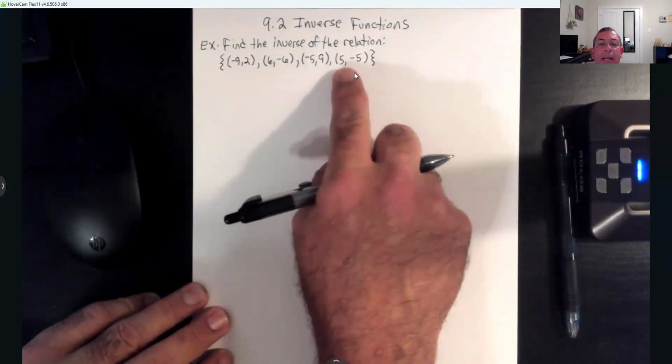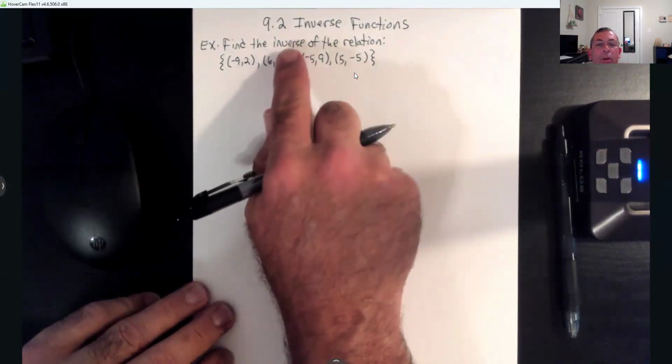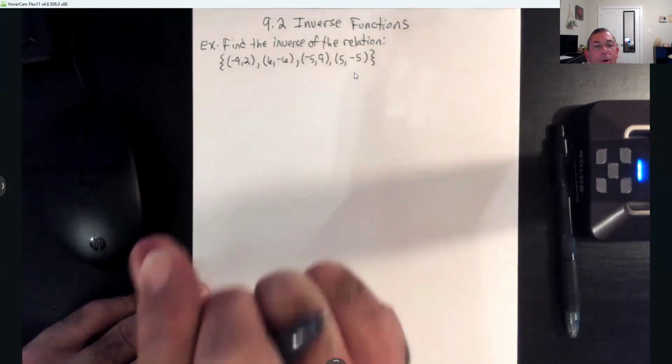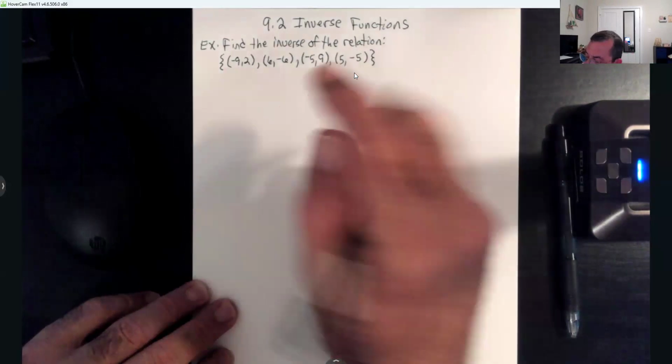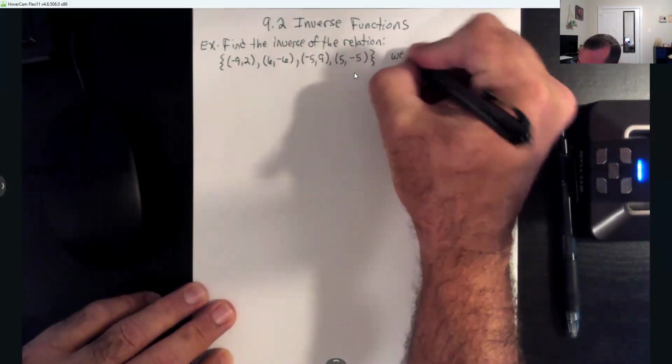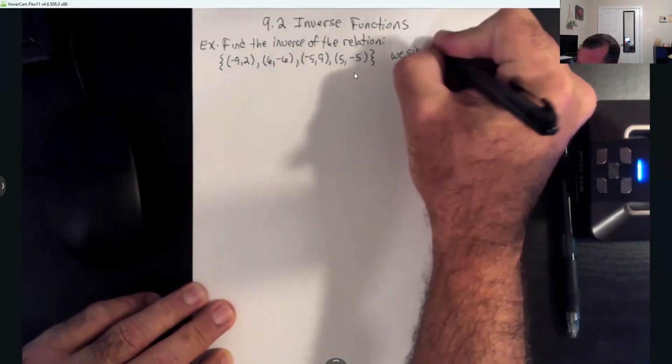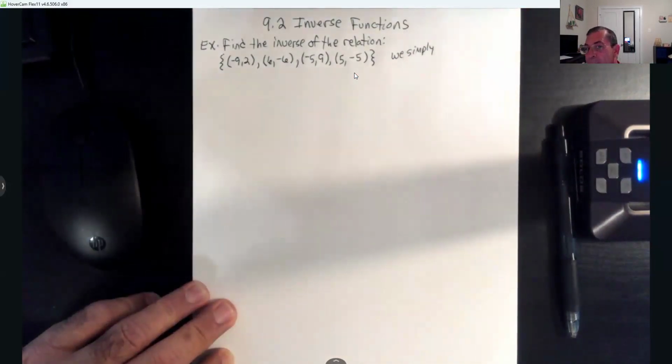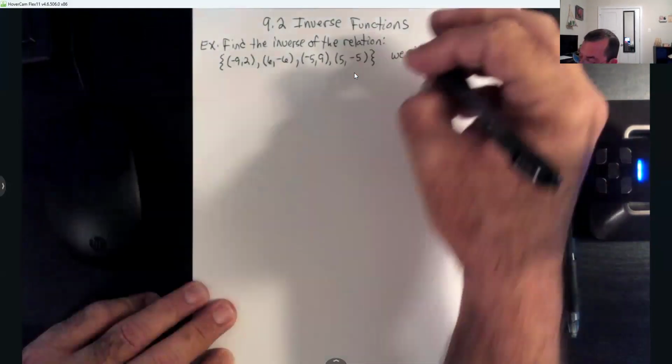So they're giving me a set of ordered pairs, and they want us to find the inverse. So to find the inverse of this relationship, we simply switch each x and y value.